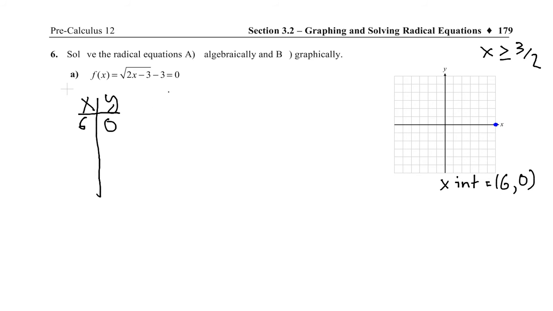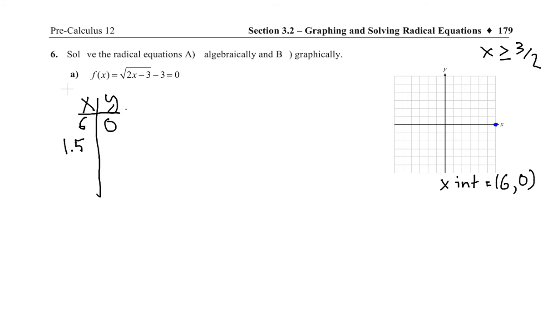So continuing on, we're going to want to graph things to the right of this x-intercept, so we can see it on this graph, but they need to be greater than or equal to 3 over 2, which is 1 and 1/2. Since we know that it's got to be greater than or equal to, another smart value to do is 1.5, which is 3 over 2.